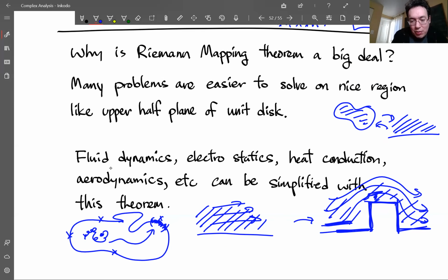But if you solve the same problem on the unit disk, because the particle has no preferred direction, the probability that it exits in a particular arc on the boundary is exactly the length of the arc divided by 2 pi, which is the circumference. So that probability is extremely easy to compute. You just have to understand how this interval maps to an arc on the unit circle.